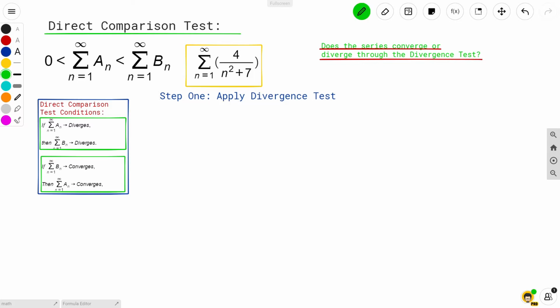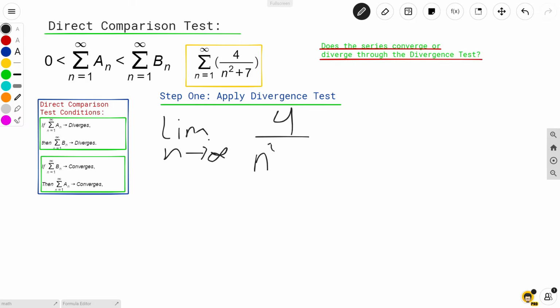In doing so, whenever we apply the divergence test, which I'm about to do right now, the divergence test is basically just taking the limit as n approaches infinity of the function, which is 4 divided by n squared plus 7.